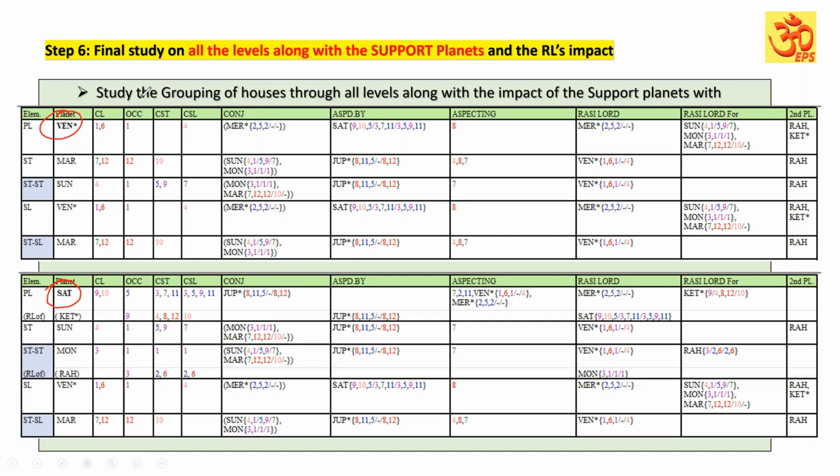Now, when we study the overall study from planet to star lord and sublord, and the impact of the support planets, and if they are with the ruler links, we have to check it. You can see Venus, Lagna Lord, 6th Lord occupying Lagna, 4th sublord. It is having some weakness, but because of these favorable key planets, it is getting favorable strength. So, unfavorable signification is reduced.